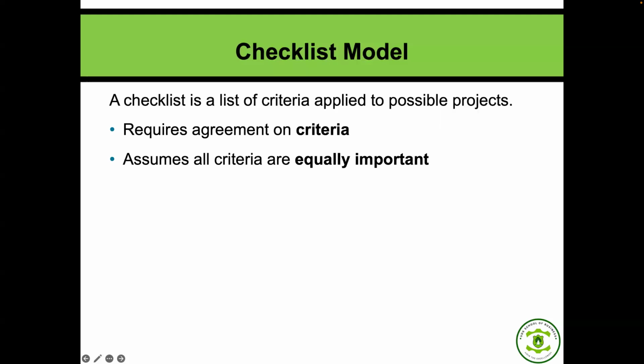But we are now going to assign the same importance to all. How do you handle that in a project? Maybe we have all agreed on the criteria, but going forward, an organization can come up with the possibility of revising it from time to time, or depending on the nature of the project, those same stakeholders who sat down to agree on it can say that, though everything should be considered equally important, some matter more. That is the drawback of the checklist model. It oversimplifies the screening process for projects.